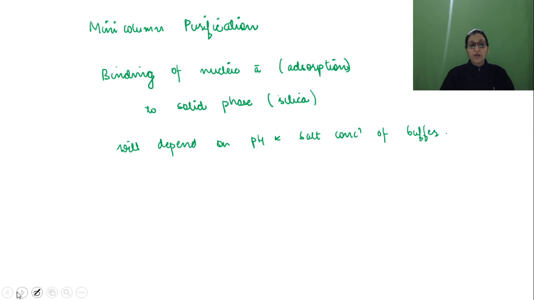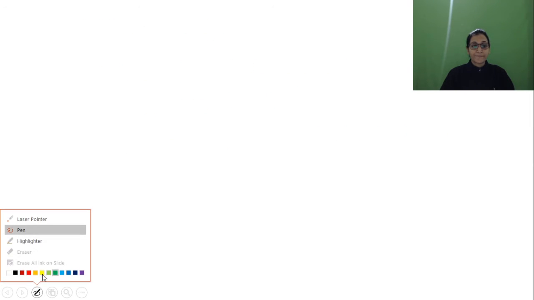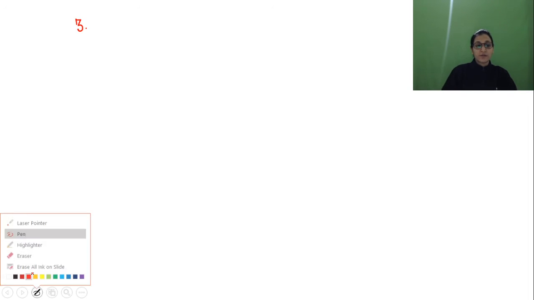Then we will be talking about concentration of DNA samples. So the third step is concentration of DNA samples.